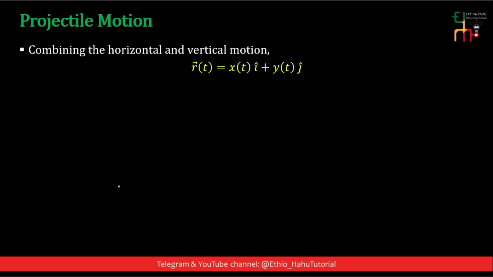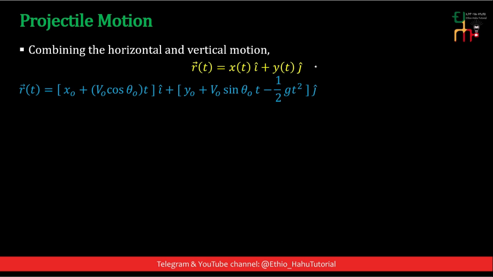The other one, let's combine the horizontal and vertical motion. R of t is the instantaneous position of the projectile at any instant of time. R of t is equal to x of t in the i plus y of t in the j. In this case, x of t is simply x naught plus v naught cos theta naught times t.